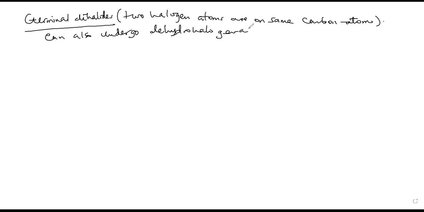dehydrohalogenation, e.g. CH3CHCl2. You see, there are two chlorines on one carbon. You can put a chlorine here, you can put a chlorine up there.